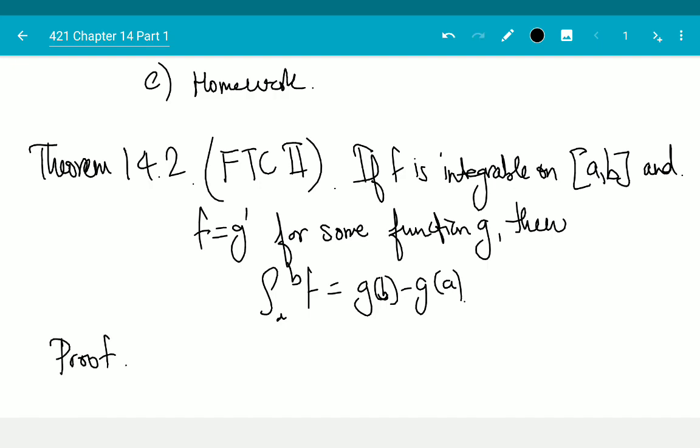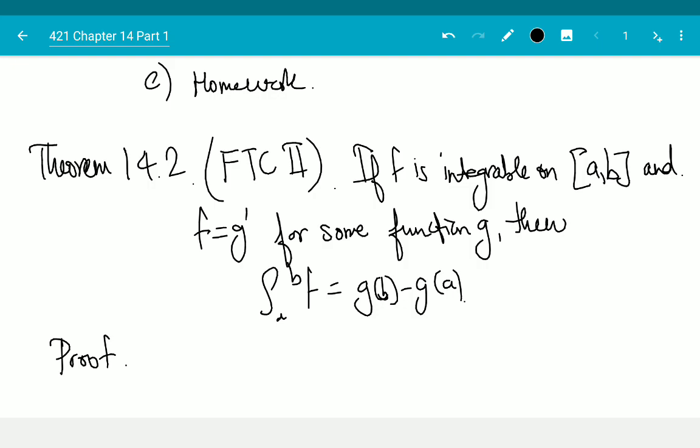Proof? Well, this is relatively similar to my fundamental theorem of calculus 1. I am trying to say here that if f is actually the derivative of some function g, then I can write the integral from a to b in terms of the function g, right?